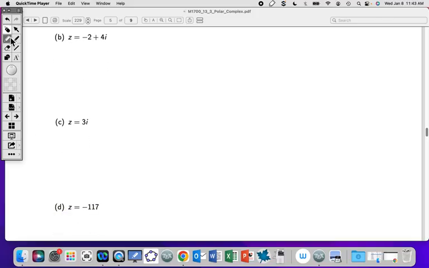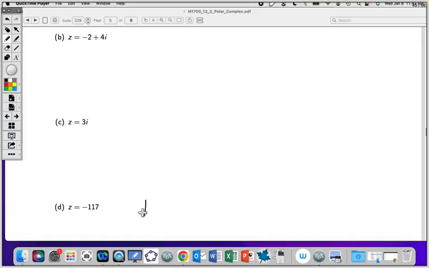z equals negative 11/7. Once again, I can go back and look at my work for that. But I know 11/7 is over here on the real axis. It's 11/7 units away from the origin. And I can pick the angle there as pi.